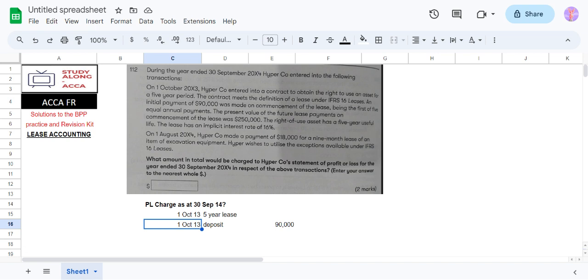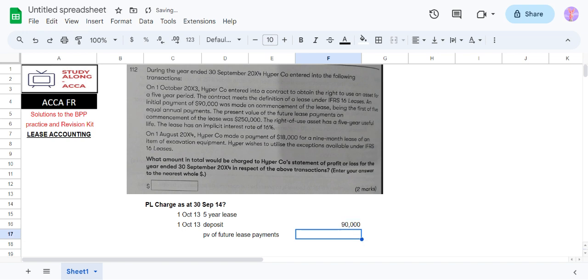The lessee will be paying installments at the start of each year. The present value of future lease payments is 250,000.